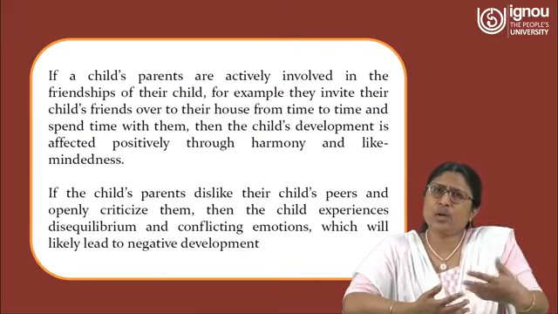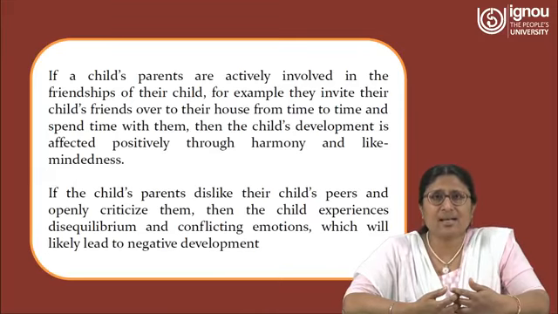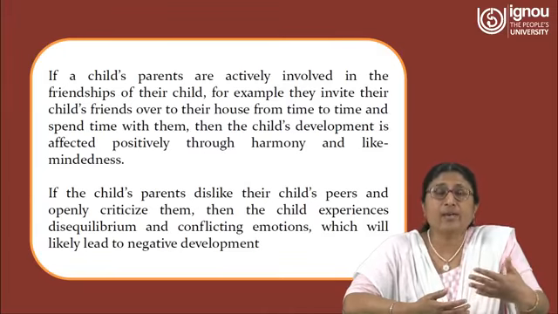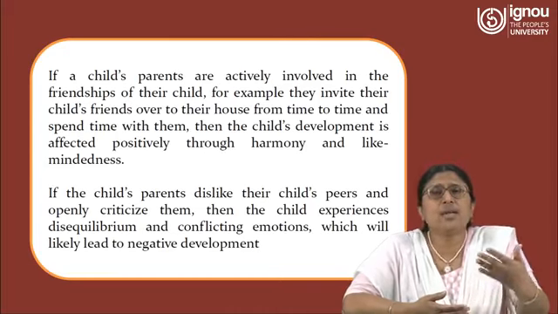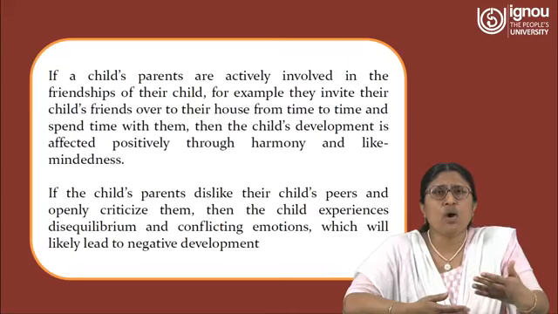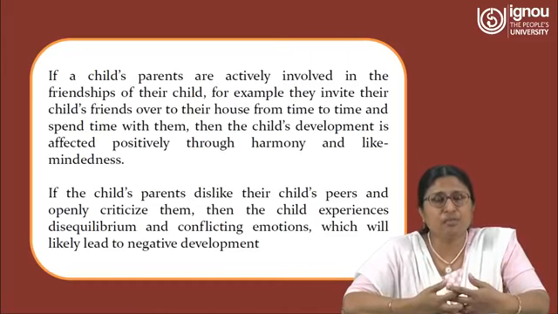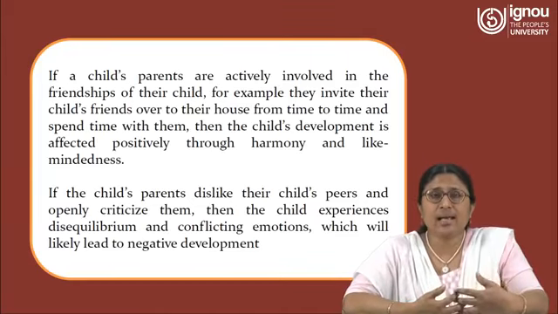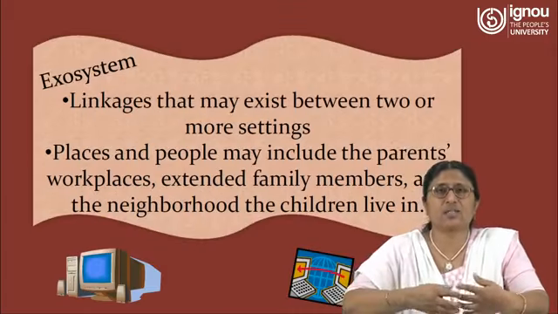In the opposite case, if the child's parents dislike their child's peers and openly criticize them, then the child experiences disequilibrium and conflicting emotions, which will likely lead to negative development. So, what is important is how the linkage between the different layers influences the child in developing positive as well as negative experiences.